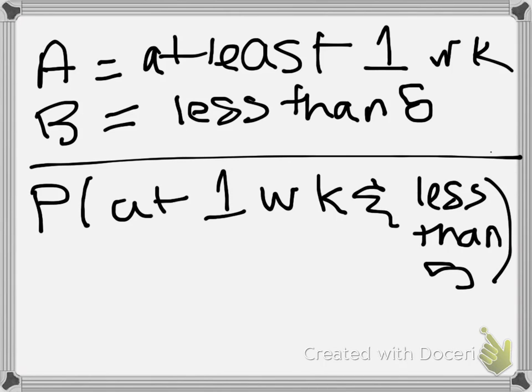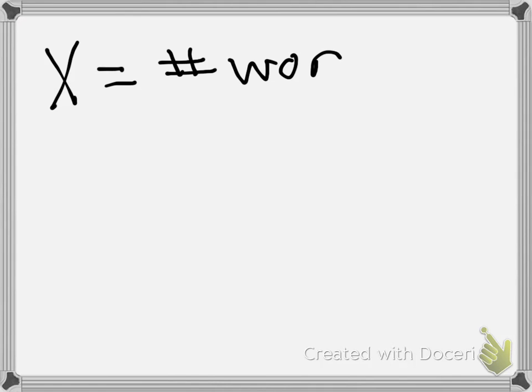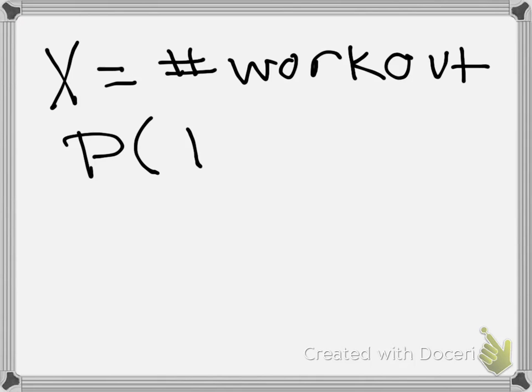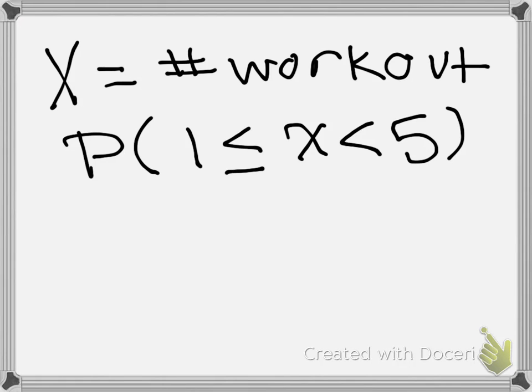You could also use the notation, if X is equal to the number of times that we work out, your random variable, you could say the probability that at least once per week is less than or equal to X, which is less than 5. And I put not equal to because the 5, it doesn't say less than or equal to, it says less than 5 times per week.